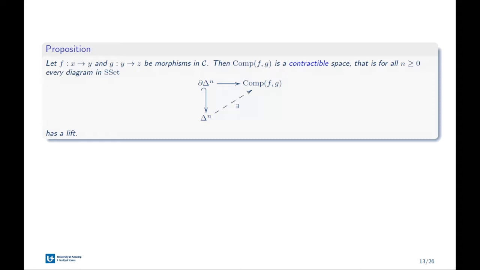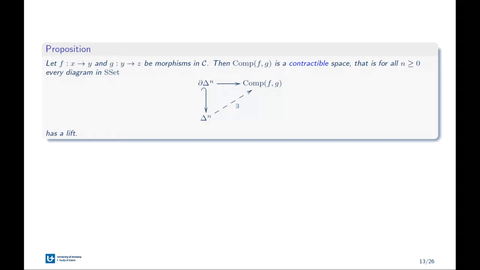Formally, what this means is that I can also have this lifting condition similarly to before, but instead of having a horn, I now have a boundary of a standard simplex here. And I hope this is intuitively a bit clear. Recall that this boundary of my standard simplex is just a union of all the faces of a simplex. So basically, it's like the n-sphere, an n-dimensional sphere, without an interior, and then this standard simplex delta n is like a filled-in ball, right?